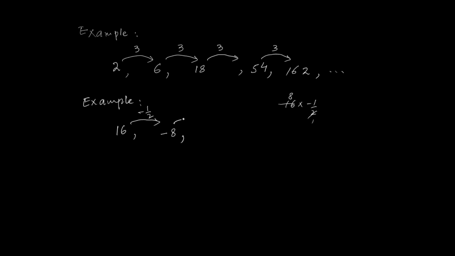Again I multiply this minus 8 with minus 1 by 2; minus multiplied by minus is plus, so the answer is 4. Again this 4 is multiplied with minus 1 by 2, and I get the next term, which is minus 2, and so on.